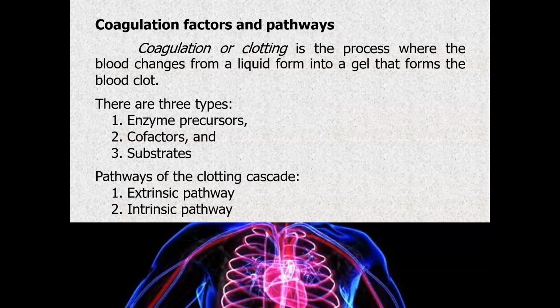Di ba sabi ko class, coagulation factors, clotting factors, they are very essential when it comes to the coagulation of blood or to the formation of the stable blood clot in your injury.